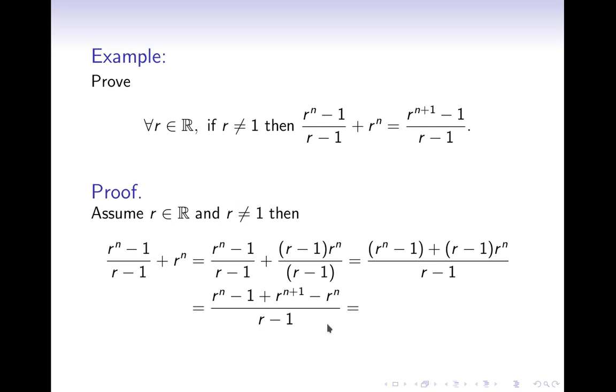And now combining the r to the n and the minus r to the n leaves me with r raised to the power n plus 1 minus 1 in the numerator and r minus 1 in the denominator. And that is the right-hand side of the equation I want to prove. I have finished the proof, and here our little square is the end of proof symbol.